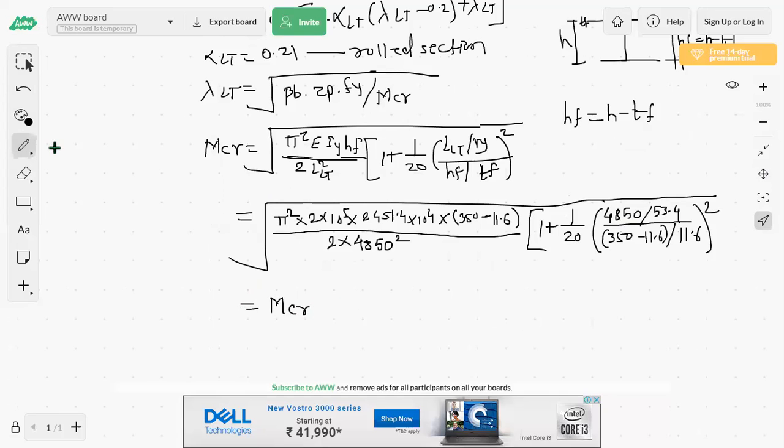So now calculate MCR. MCR is a moment, so the unit is Newton mm, because we have used all dimensions in mm and Newton.